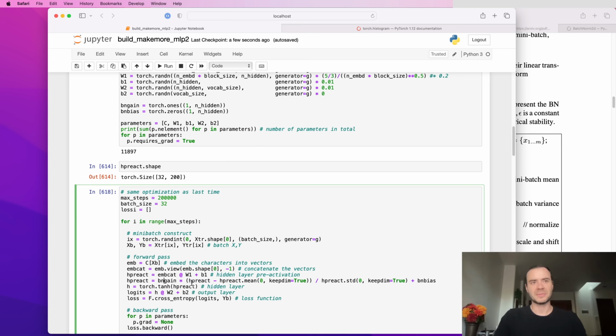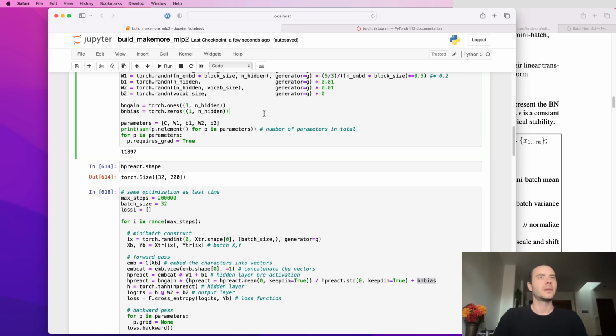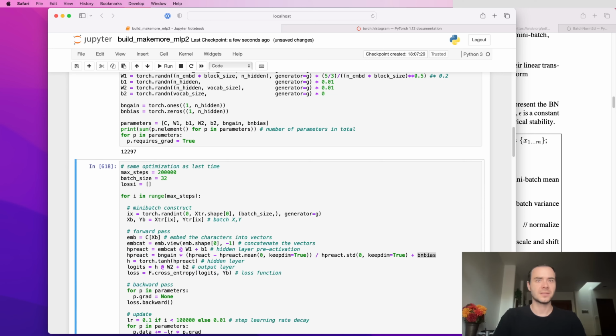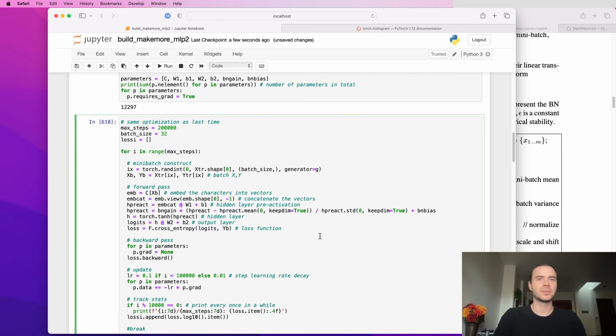And then during optimization, we'll be able to backpropagate into bngain and bnbias and change them, so the network is given the full ability to do with this whatever it wants internally. Here, we just have to make sure that we include these in the parameters of the neural net because they will be trained with backpropagation. So let's initialize this, and then we should be able to train.